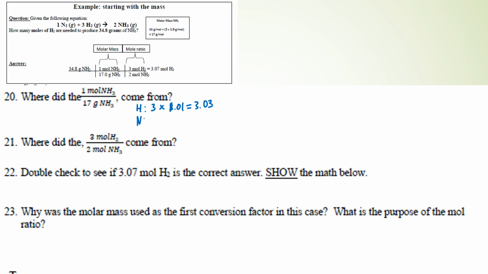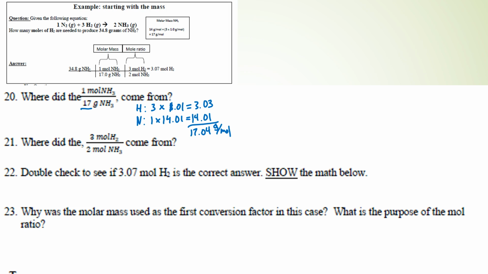I have 1 nitrogen. So that means that it's 17.04 grams per mole. So 17 for every 1 mole.